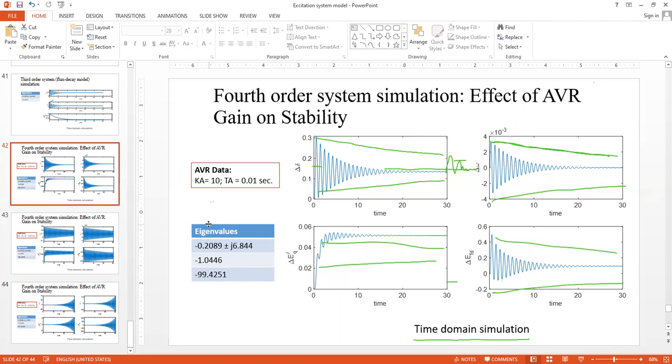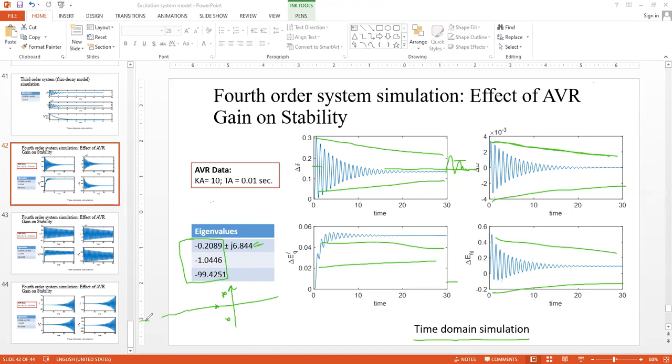There is another term you might find in the literature, that is dominant eigenvalue. Dominant eigenvalue simply means, if you compare the magnitudes of the real part, the one which is nearest to the imaginary axis. So among these three, the nearest one is minus 0.2, the complex one. And then minus 1 is there.